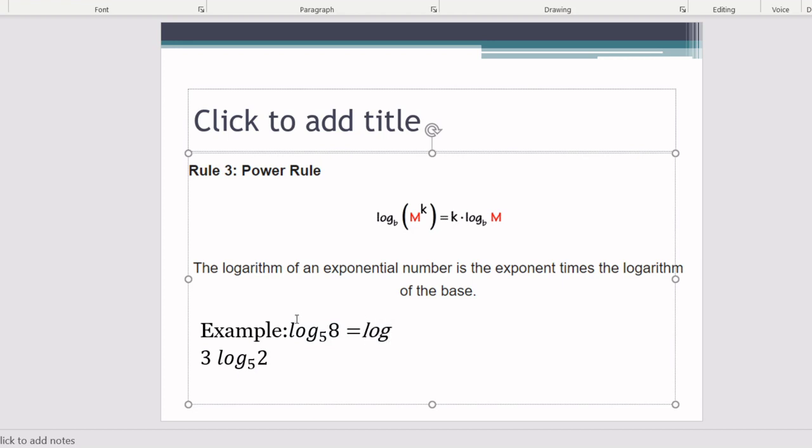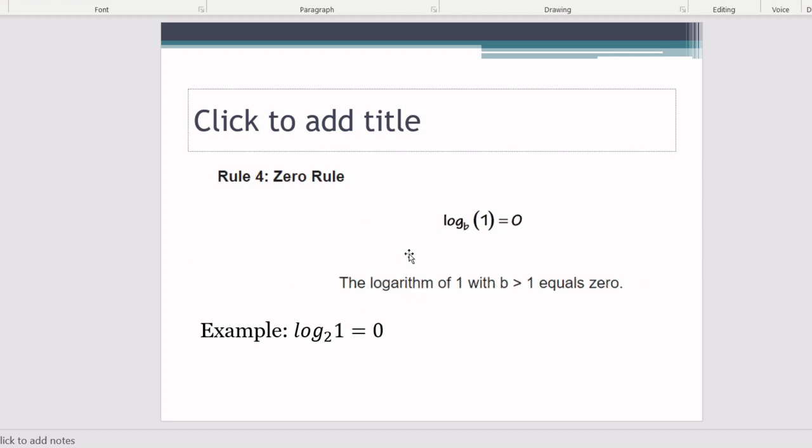If you factor out 8, that is equivalent to 2 cubed. So that's log base 5 of 2 cubed. Then simply bring down the k, according to the power rule. The k here is 3, so that's 3 log base 5 of 2. This is your answer for that one. That is the power rule.